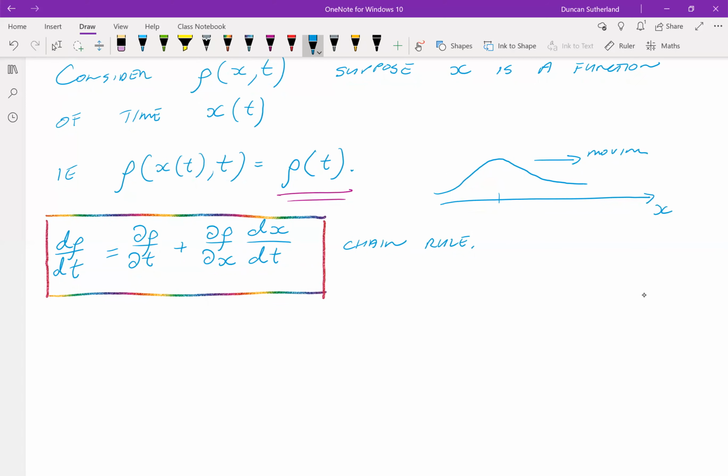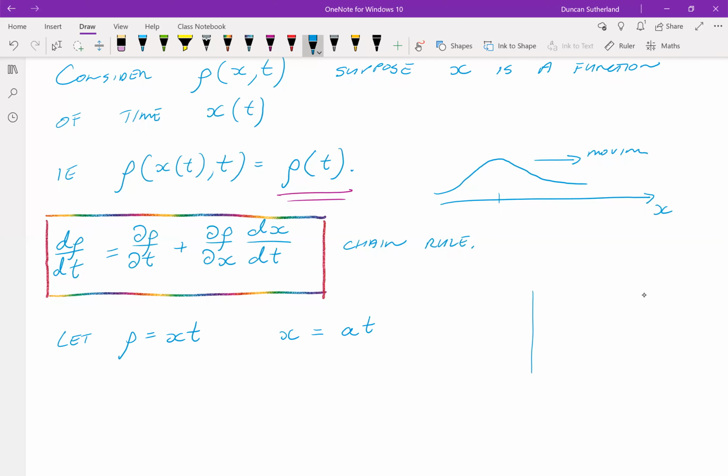Our example, let rho just be x times t, and let's suppose that x just moves linearly in time, and it starts from the origin.